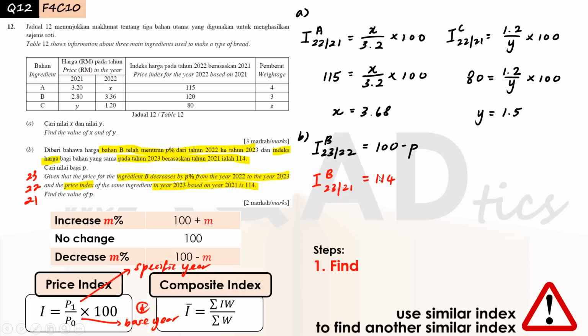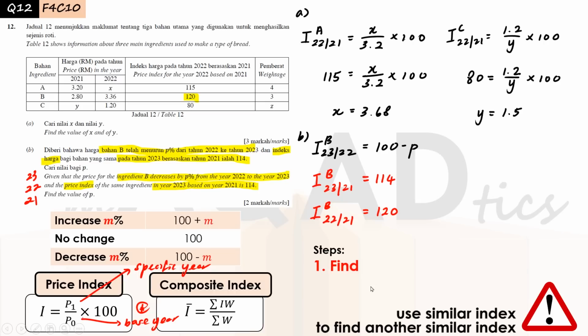We have found one already, and now we're going to find another one from the table here. As you can see, the years stated here are 2022 and 2021, so we can use this price index to help us. Now we have obtained the two similar price indices.